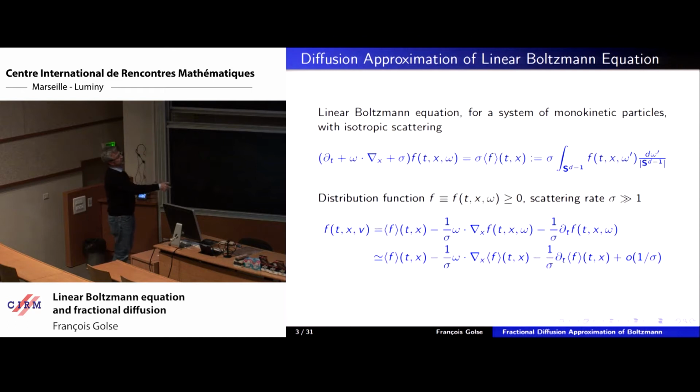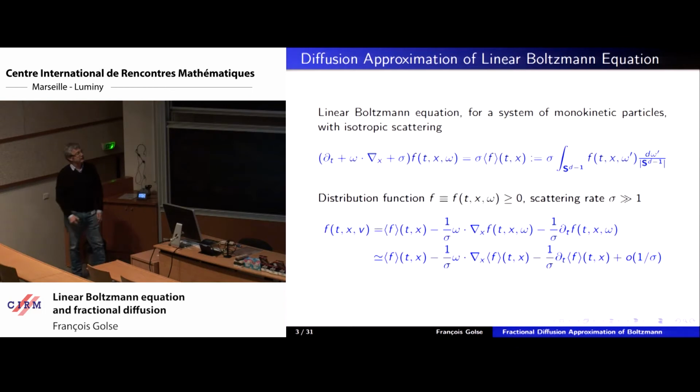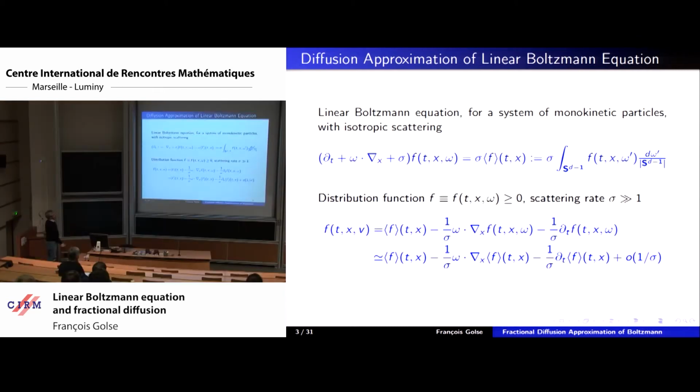And on the right-hand side, you have a scattering operator, which here I've taken to be the simplest imaginable scattering operator, meaning in this case, the isotropic scattering. So here I just take the average of f in angle, in the direction omega prime, right? This average I will later on denote with brackets like this.